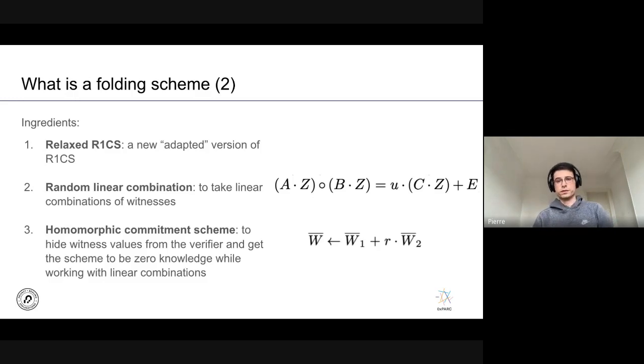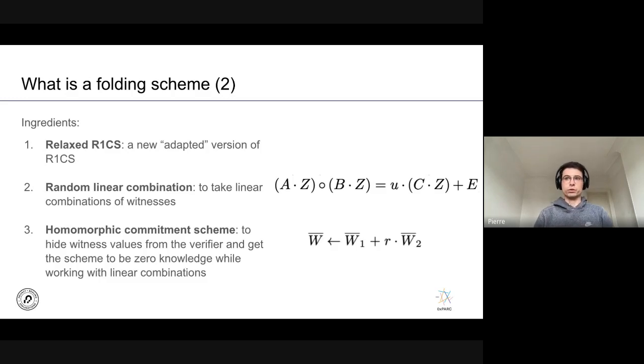Then the second ingredient is the random linear combination idea. So to take linear combinations of witnesses. And finally, it's the homomorphic commitment scheme to hide witness values so that the verifier does not know the content of the witness.